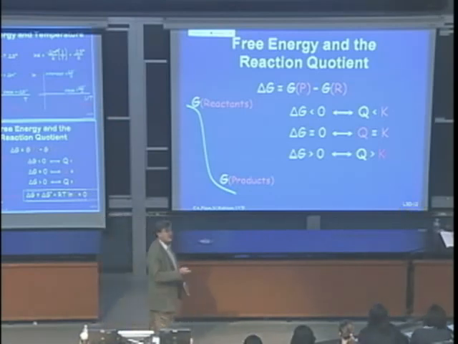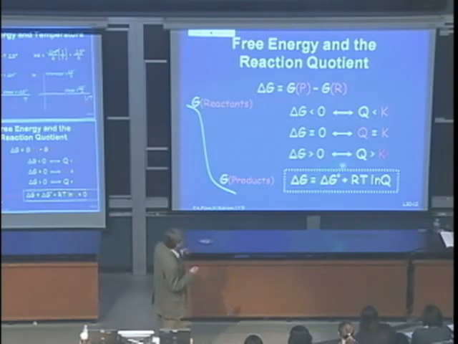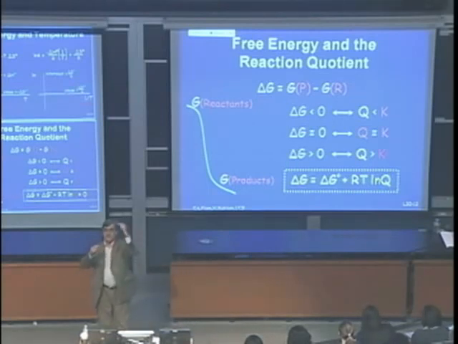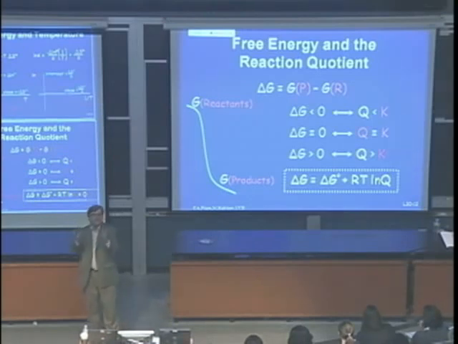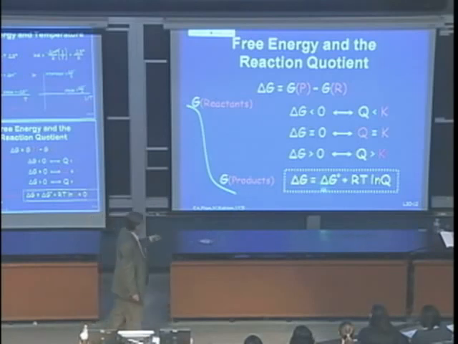So we need to connect these somehow, and delta G of your reaction is delta G naught at standard state plus RT ln Q. And this holds at any time of your reaction, whether you just started or are going towards equilibrium. You can take snapshots anytime you want, and it will fulfill that equation, because this expresses how you get towards equilibrium.